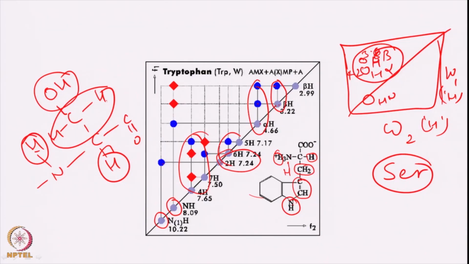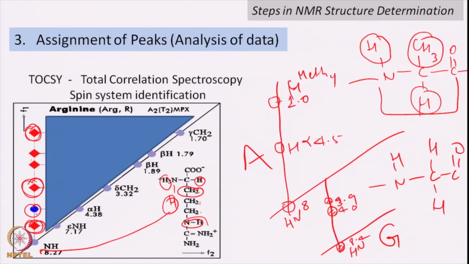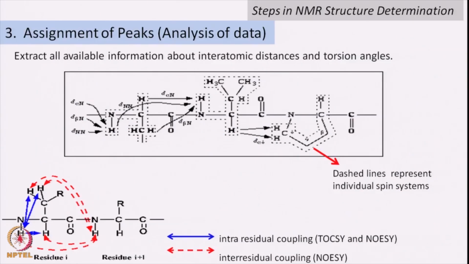So, looking at this pattern we know what type of amino acid it is. Tryptophan you see here is the pattern. So, H alpha, H beta 1, H beta 2, by looking you know that this is tryptophan. Similarly, like we had looked at the arginine long TOCSY correlation. So, in this way we identify different amino acids.